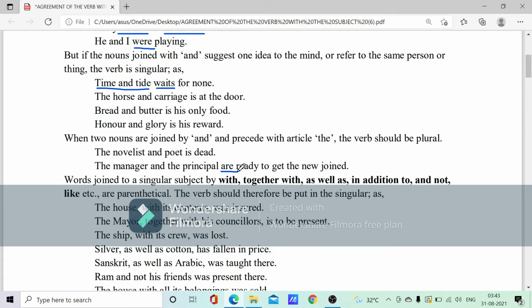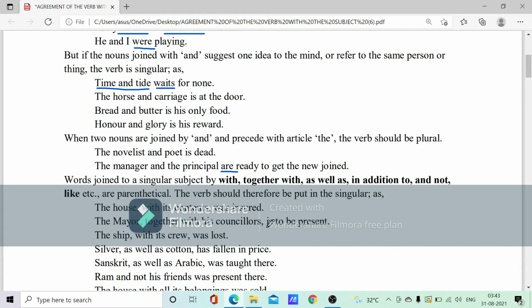But as both are different, the manager and the principal, because both are preceded by the article "the", we have to apply a plural verb, that is "are" here, right? So you must not forget these rules.